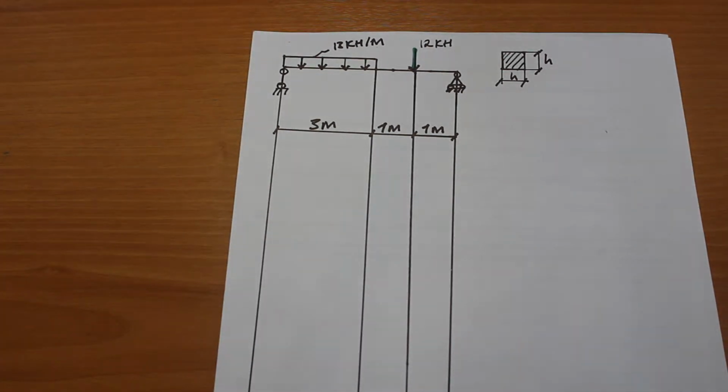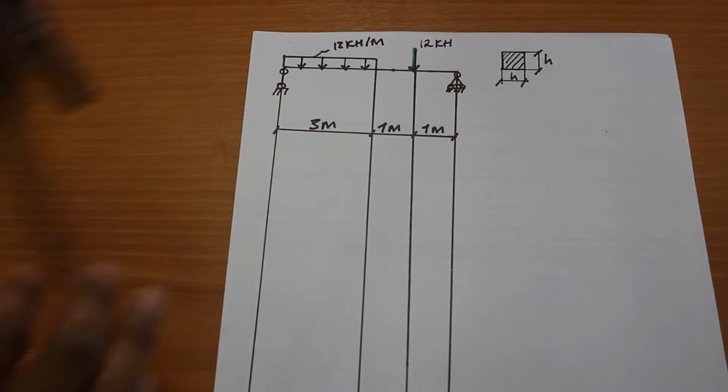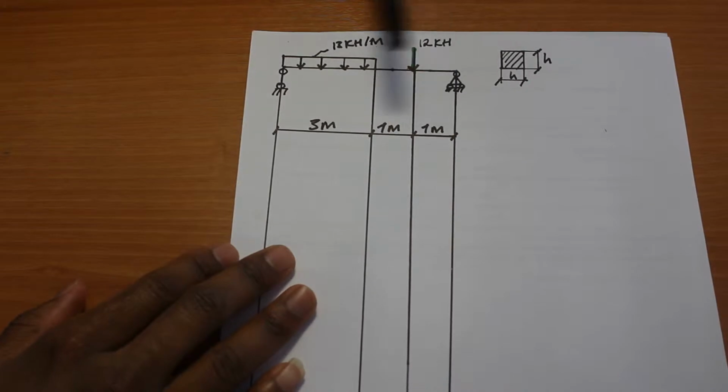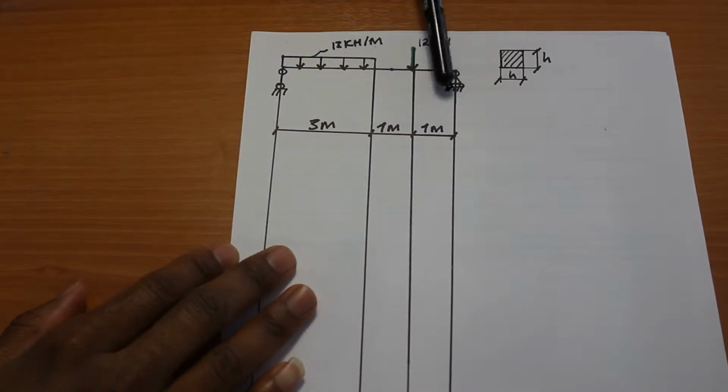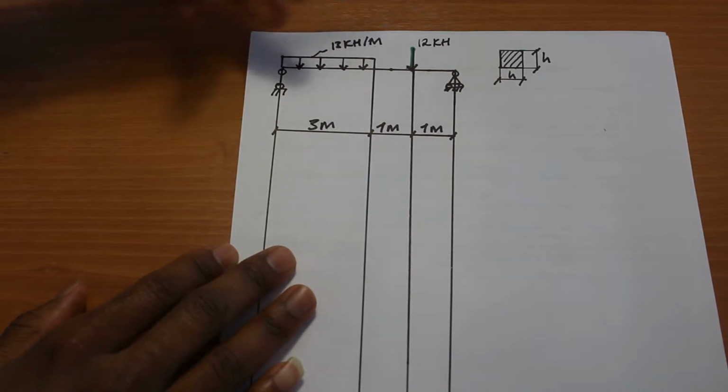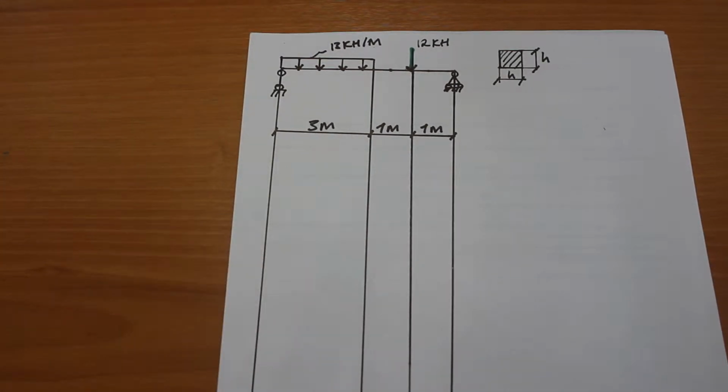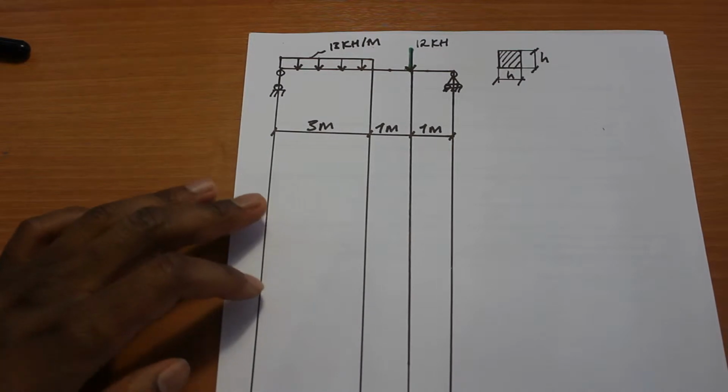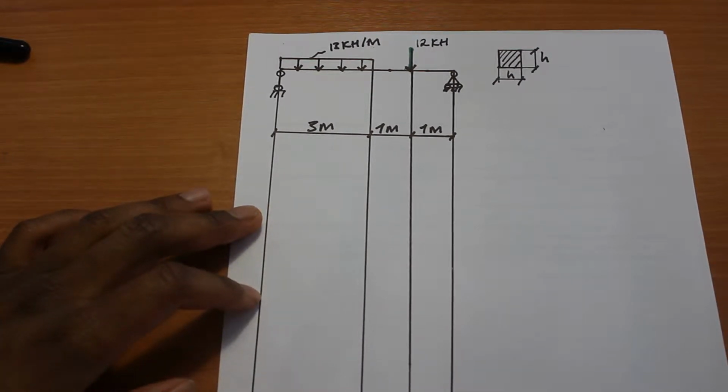So having said that, like I earlier said, we need to replace these beam supports with certain reactions. Since we have movable supports, each can be replaced by one reaction that is directed along the y-axis.